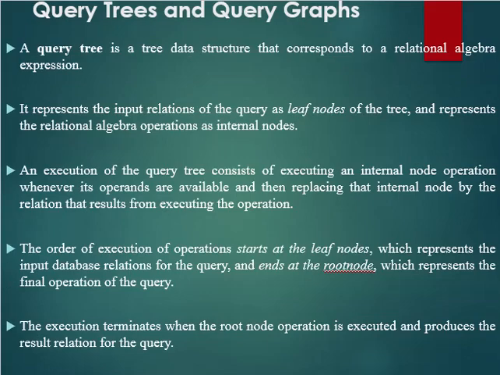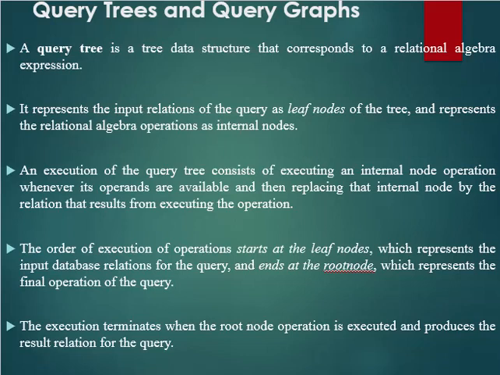So next is query tree and query graph. We can see some examples. A query tree is a tree data structure that corresponds to a relational algebra expression. It represents the input relations of the query as the leaf nodes of the tree. So after drawing the query tree, we will find that the leaves contain the relation names. Execution of the query tree consists of executing an internal node operation.